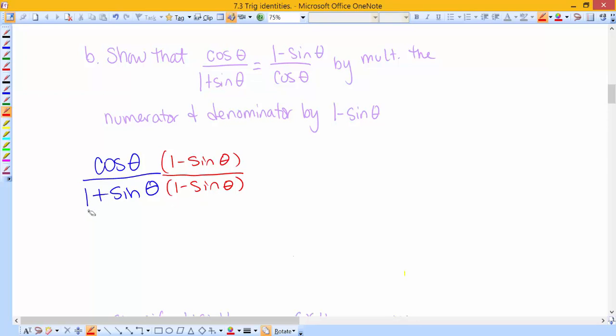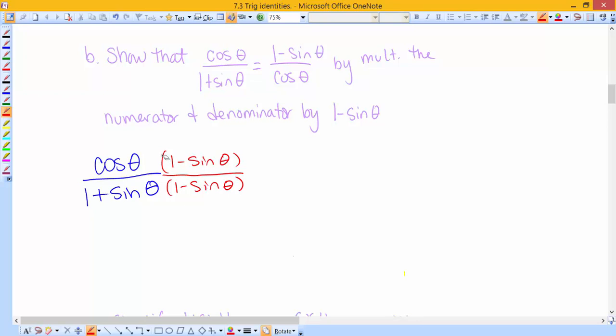And the conjugate is the exact same thing as the denominator, but with a different sign in the middle. This automatically gives me a difference of squares. So my multiplication is going to be a lot easier.